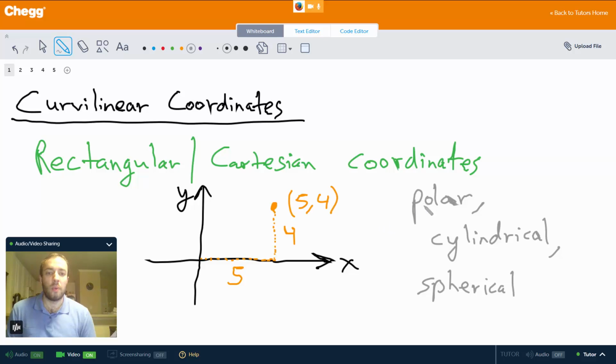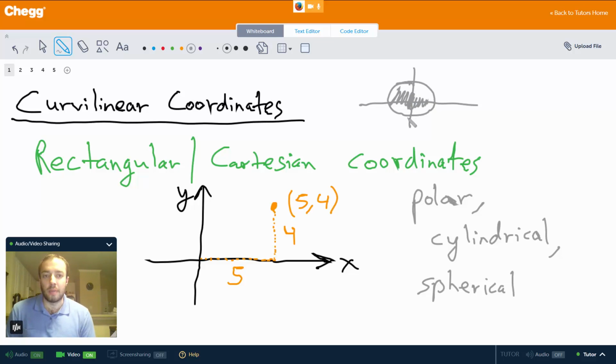So why might we want to have other coordinate systems if it seems like this is fine right here, expressing this as 5, 4 seems perfectly fine? Why do we need anything else? And the reason is that it really depends on your application. So if you're doing something in engineering or physics, and you're analyzing an object whose geometry is maybe a circle, let's say you're analyzing the heat flow across a circular plate.